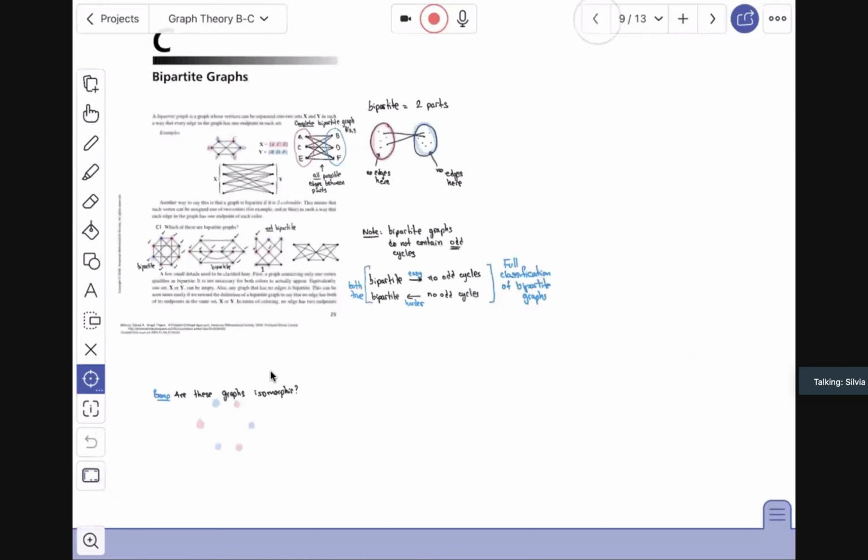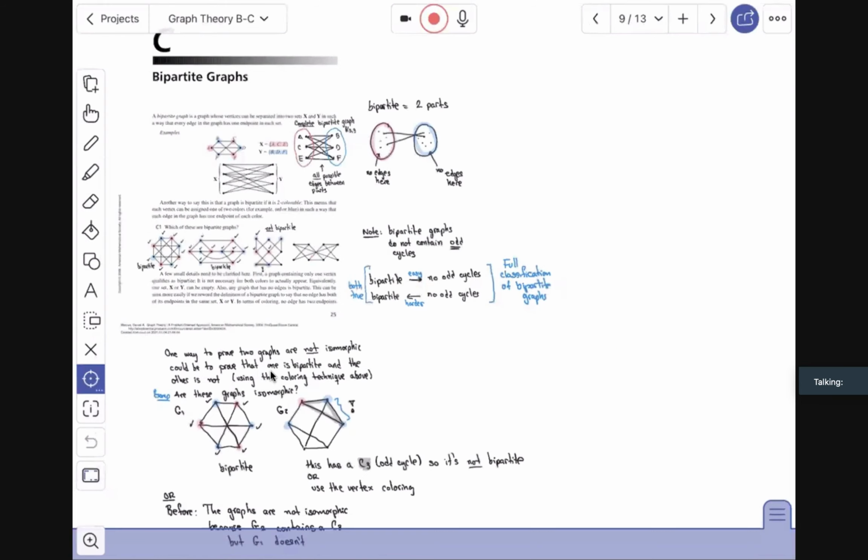We know that a graph is bipartite if and only if it doesn't have odd cycles.